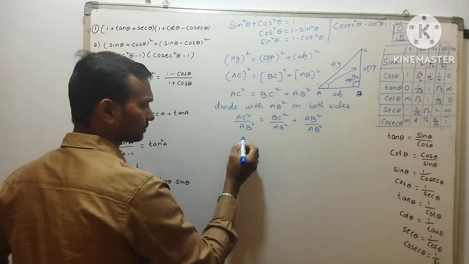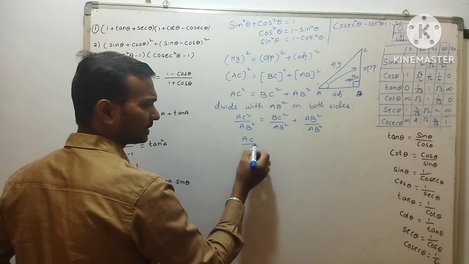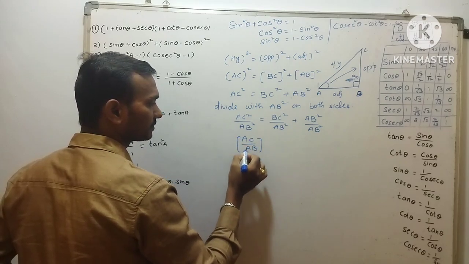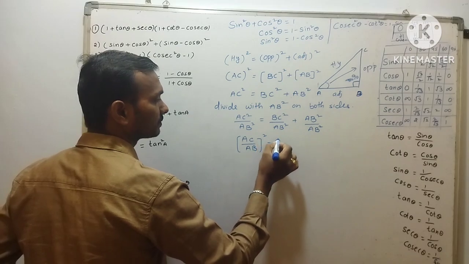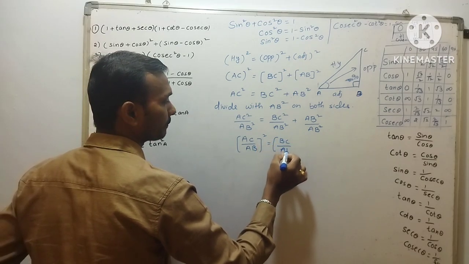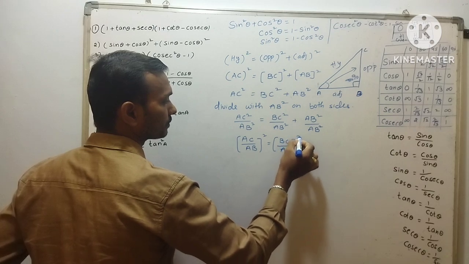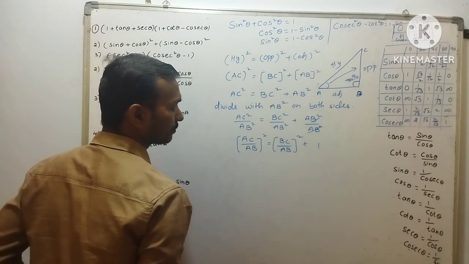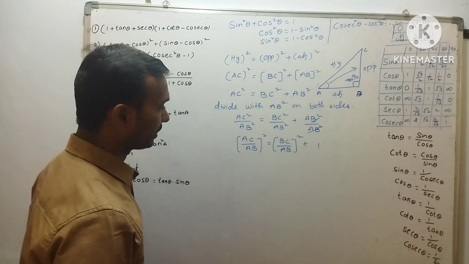So this is AC by AB whole square, BC by AB whole square, and AB square by AB square is nothing but 1. Both get cancelled, we will get 1.